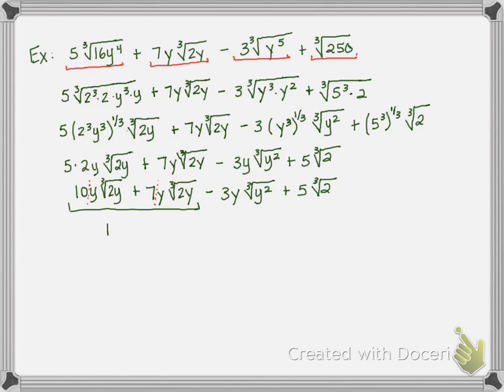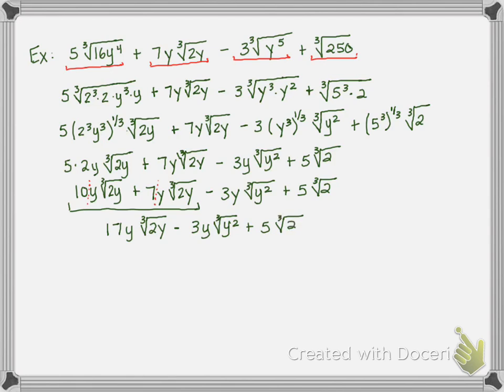So we have 17y times the cube root of 2y, and then 3y times the cube root of y squared plus 5 times the cube root of 2.